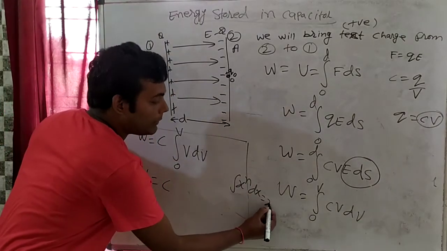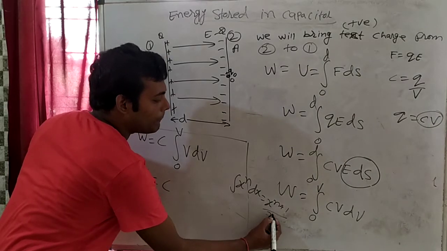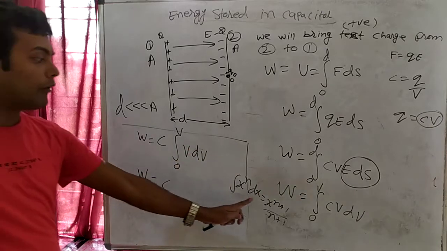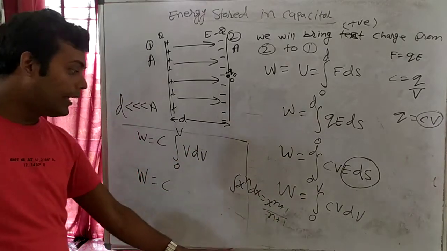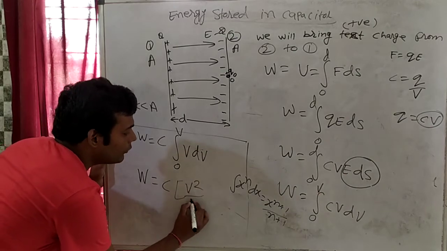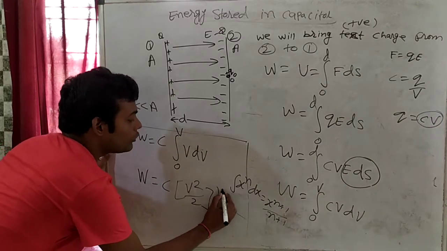So this will be x to the power n plus 1 divided by n plus 1. Here V to the power 1 plus 1, so V square by 1 plus 1, that is 2. So this will be V square by 2, and the limit will go from 0 to V.